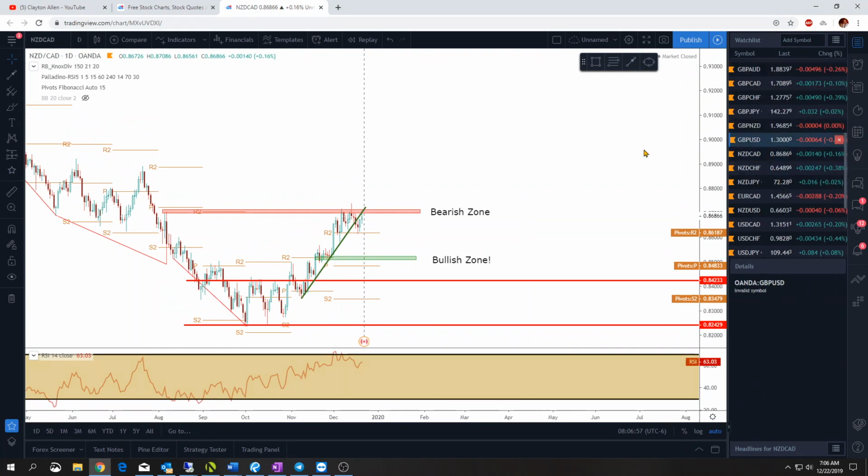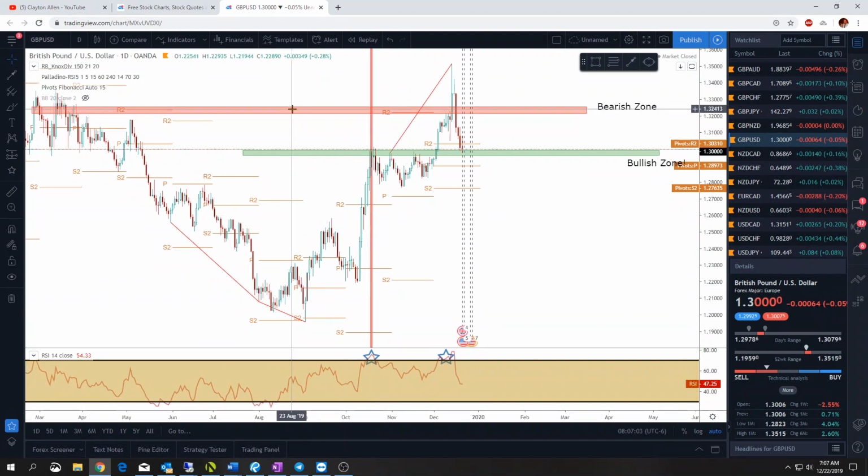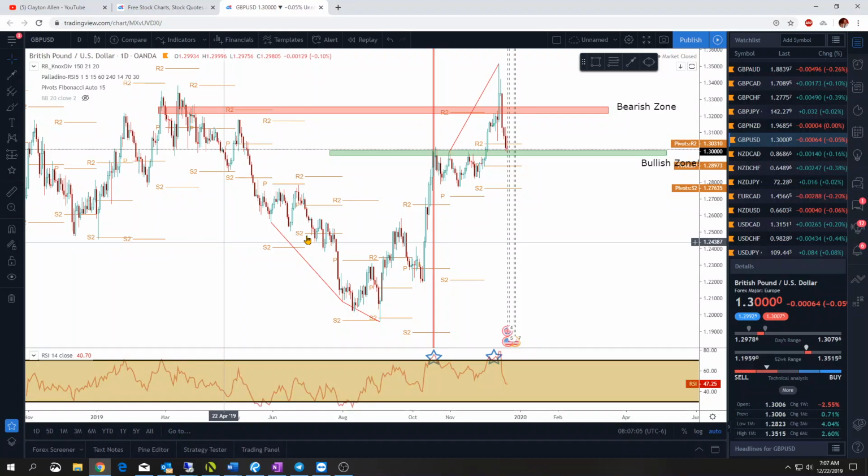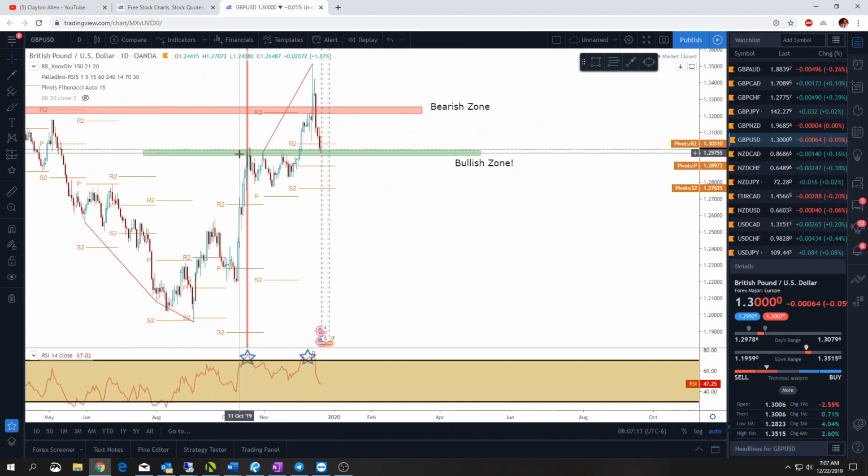All right. British pound, US dollar. British pound has just been crazy. Pretty much been bullish since October. A lot of people got caught in some sell trades here. And if you're still in them, you looked at this consolidation zone as a good place to enter a rollover trade like I did.